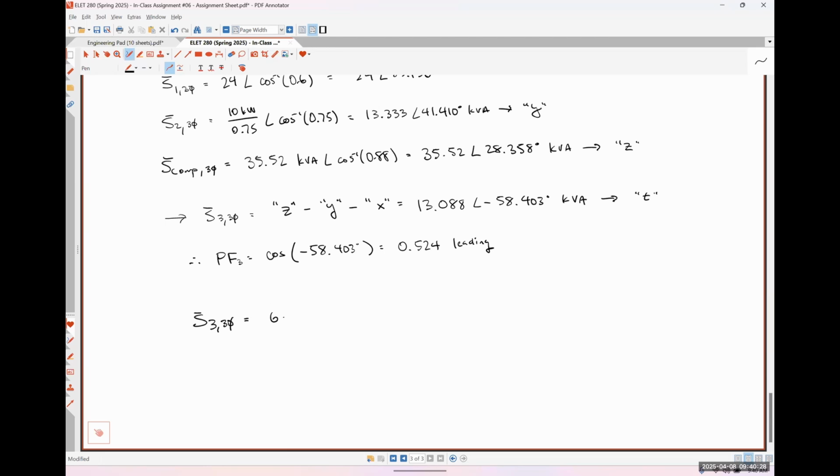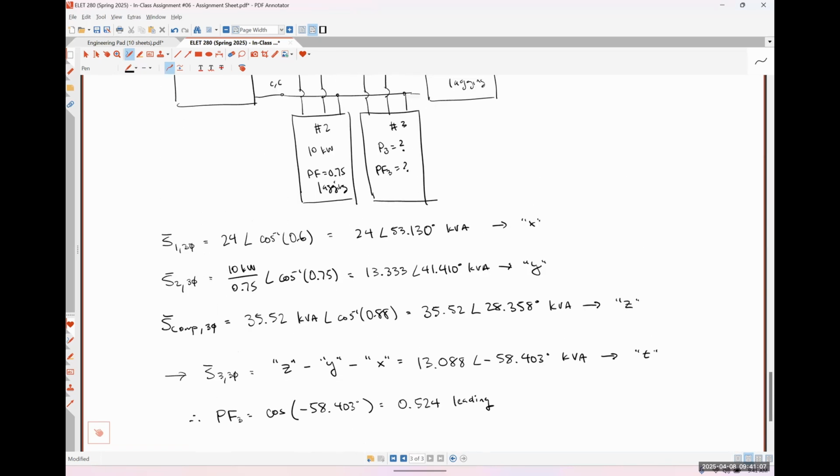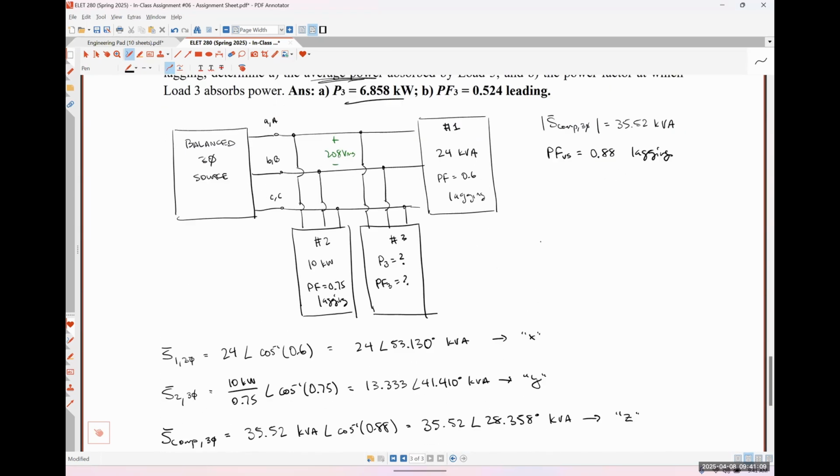So that looks like 6857.600 minus j 11,148.106 volt amperes, which means this part right here, the real part, is the average power. So P3 is 6857.6 watts, or 6.858 kilowatts. Great job.